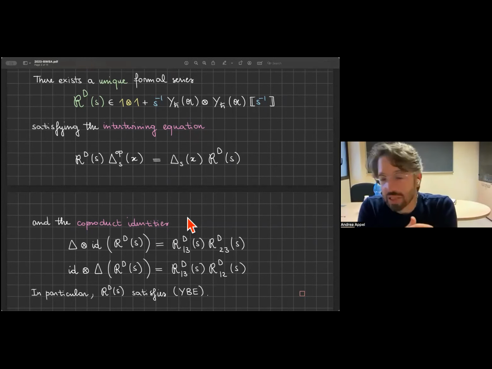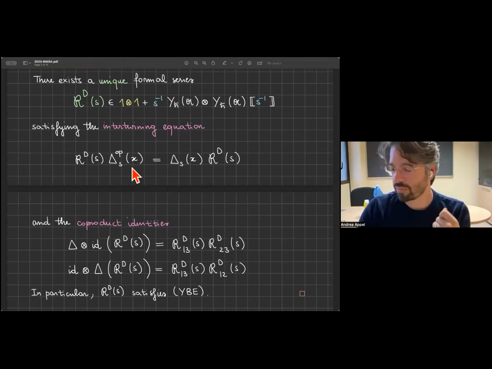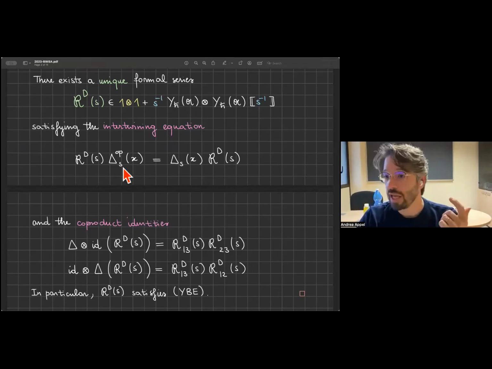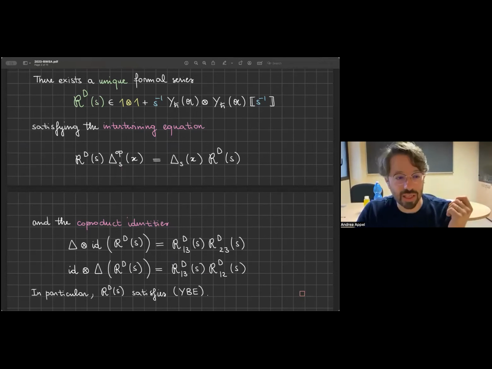Now you should note immediately that there is already something a little bit unbalanced. The intertwining equation is really defined in terms of this twisted, let's say shifted, coproduct. I have this Delta_s here, while on the other hand the cabling identities that I'm writing here are in fact written only for the usual coproduct without the extra parameter.